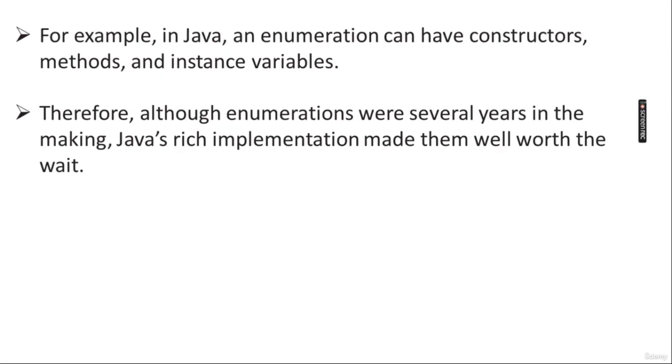For example, in Java, an enumeration can have constructors, methods, and instance variables. Although enumerations were several years in the making, Java's rich implementation made them well worth the wait. From Java 1.0 up to Java 5, we were waiting for pure constants to be created. After so much waiting, Java made it worth the wait.